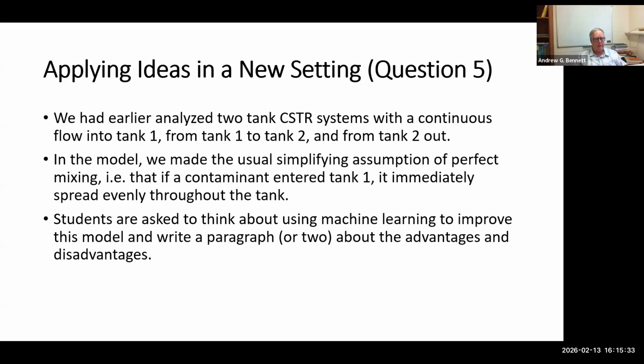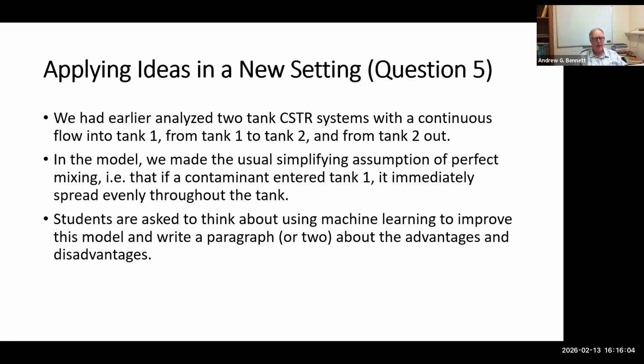And like every book I've seen, in that model, we make the usual simplifying assumption that there is perfect mixing. As soon as you add anything to tank one, it spreads evenly through the whole thing. Well, that's not true. But suppose somebody comes to you and says, I think we can do better by using neural networks to better model how contaminants flow through the tank. What are the advantages and disadvantages?